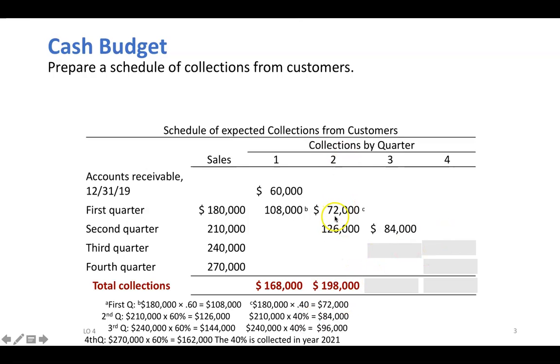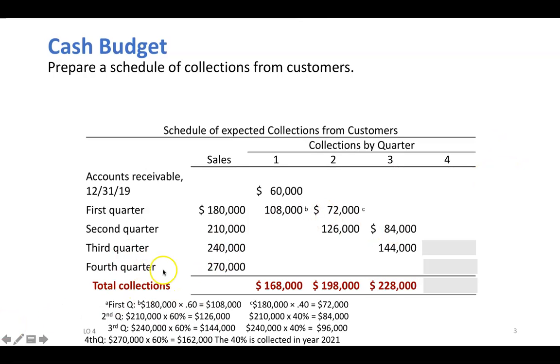So in Q2, adding the 72 and 126, we collect in total $198,000 cash. In Q3, we have 40% of 210,000 and 60% of the 240,000. 60% would be 144,000. We add them together. 84 and 144 is 228.